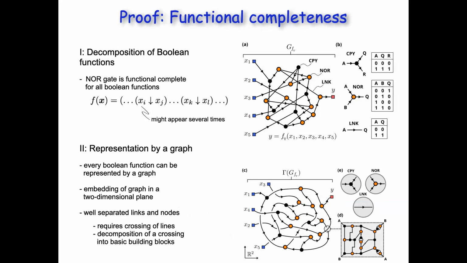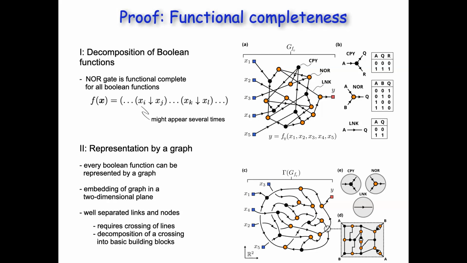First, we have to go back a little bit to classical, not quantum, information science, namely that every Boolean expression can be decomposed into the NOR gate. So the NOR gate is functionally complete, and every Boolean expression can be expressed as a product of NOR gates. We might have to copy the information input, and therefore one can draw this Boolean expression as a graph.